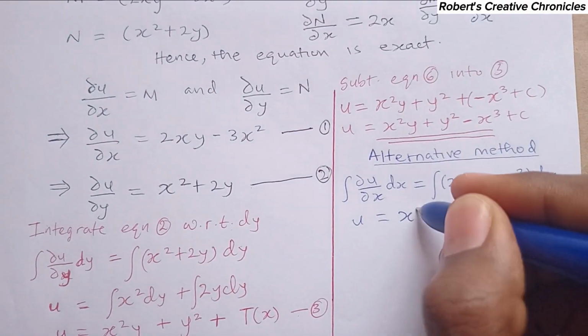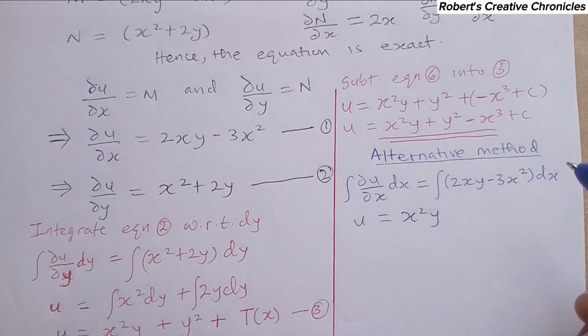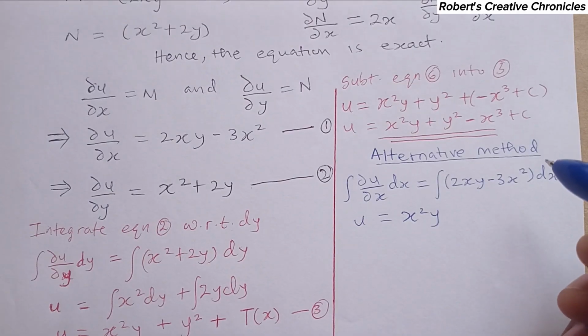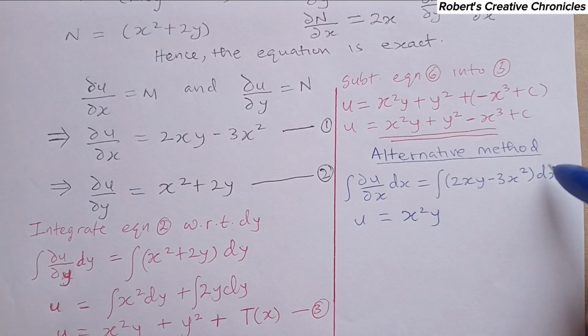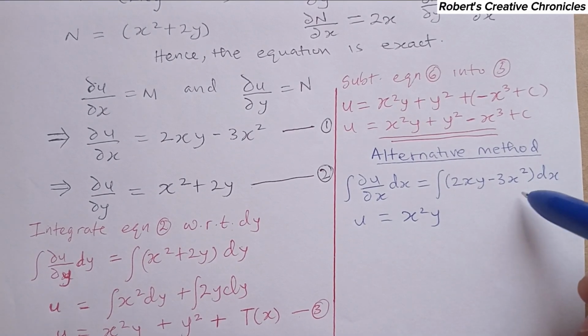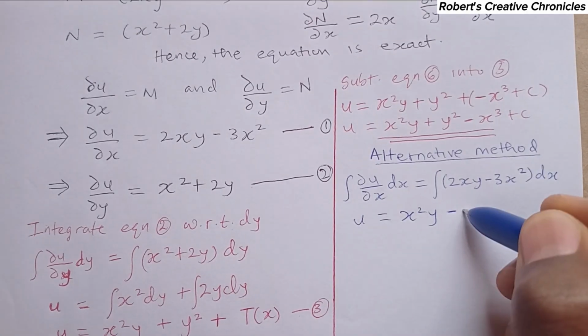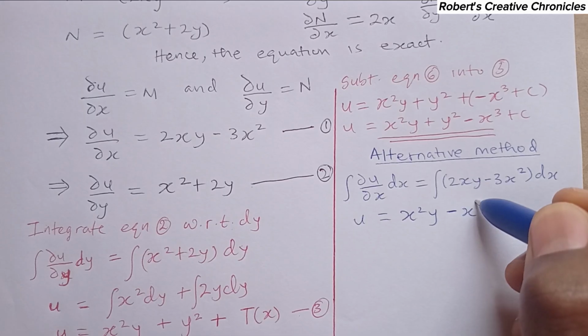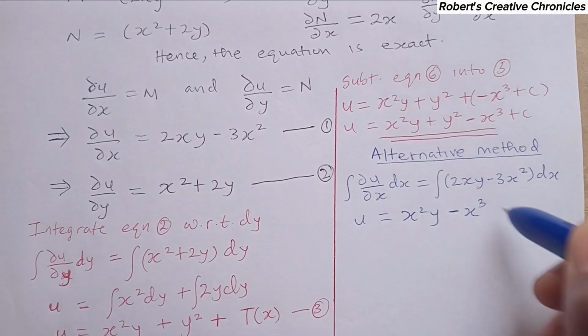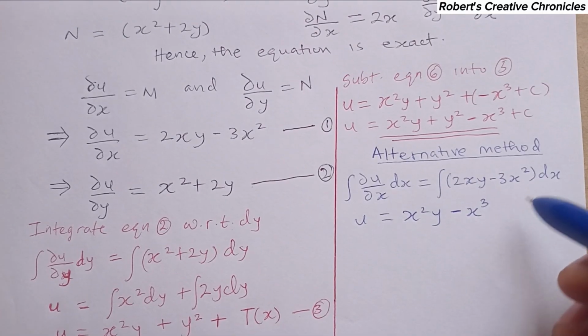Then here we integrate x squared, which becomes x cubed over 3. So 3 will cancel 3, and it becomes minus x cubed. Then we'll add the constant of integration.